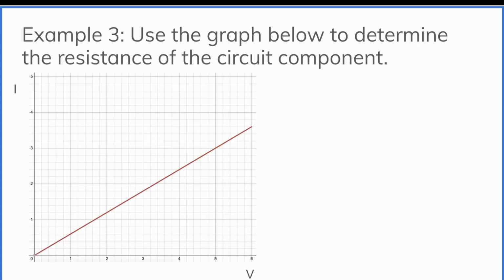Let's use this graph to determine the resistance of this component. As I mentioned earlier, we want to check the axes, and we see here we have current on the y-axis. Not totally common to see that, but in this case we have it. So we want to find the slope of this graph first. You want to take 2 points that are easy to read far away from each other and then calculate the slope that way.